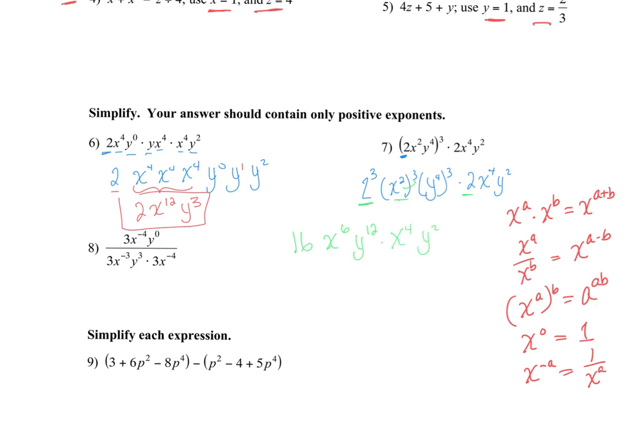And again, we're just putting like pieces together. So we've already multiplied our numbers. When I put these together, I add 6 and 4. When I put these together, I add 12 and 2. And when you get to one number and one of each variable, you are done.